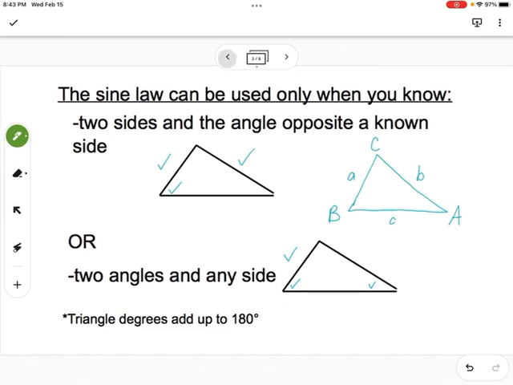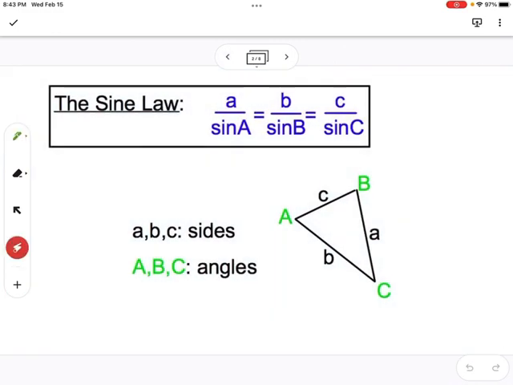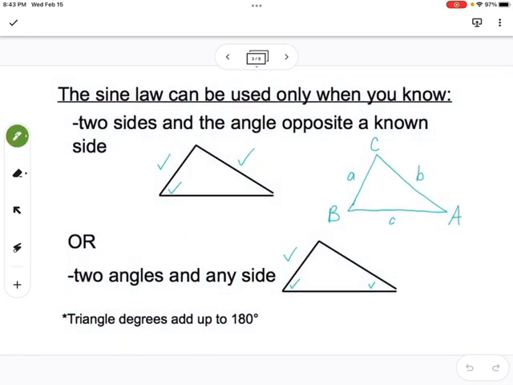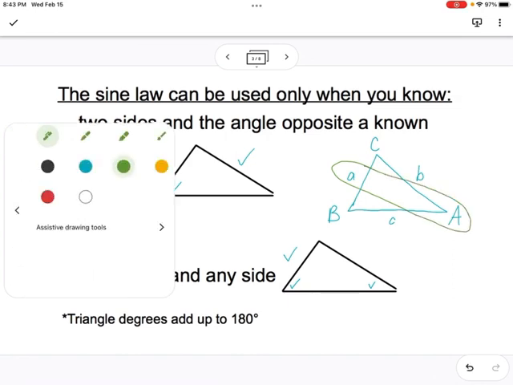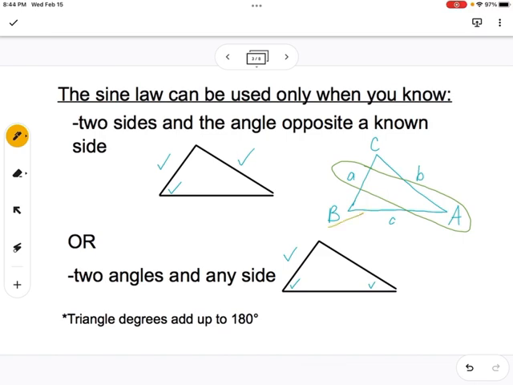So with the formula where we see A over sine A, B over sine B, C over sine C, that's the information that we're looking to pair up. So we can pair up A with angle A, B with angle B, or C with angle C. Okay, so if we're able to draw two of these pairs, then we can use sine law.